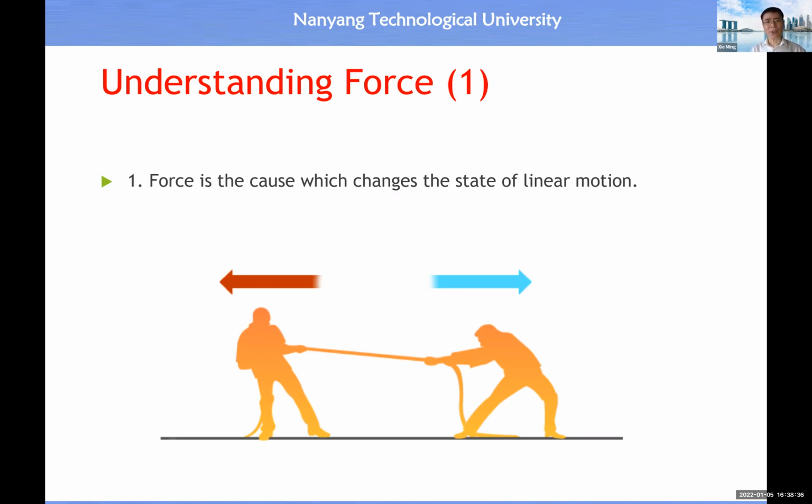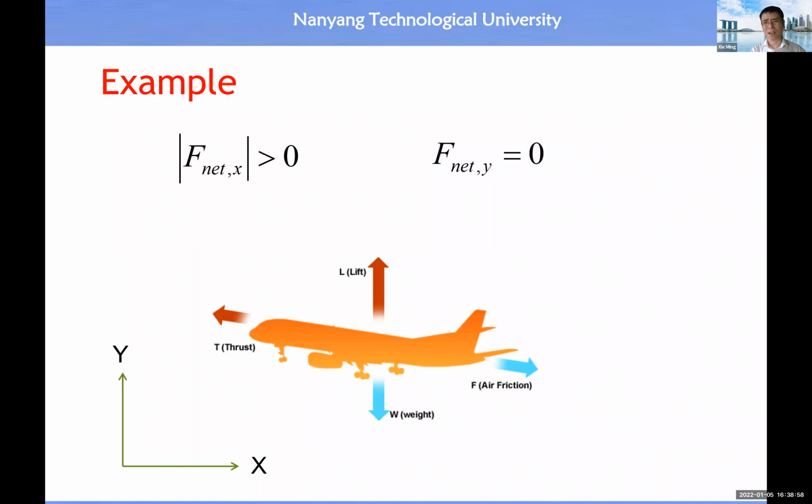Force actually is the root cause behind the change of the state of linear motion. When we apply net force on the entity, then this net force will produce acceleration. Then acceleration will change velocity. Velocity will change position. So it's quite straightforward to understand.